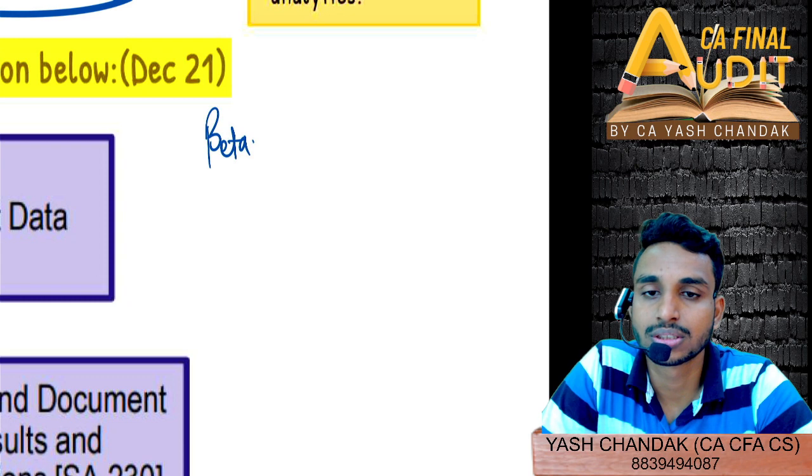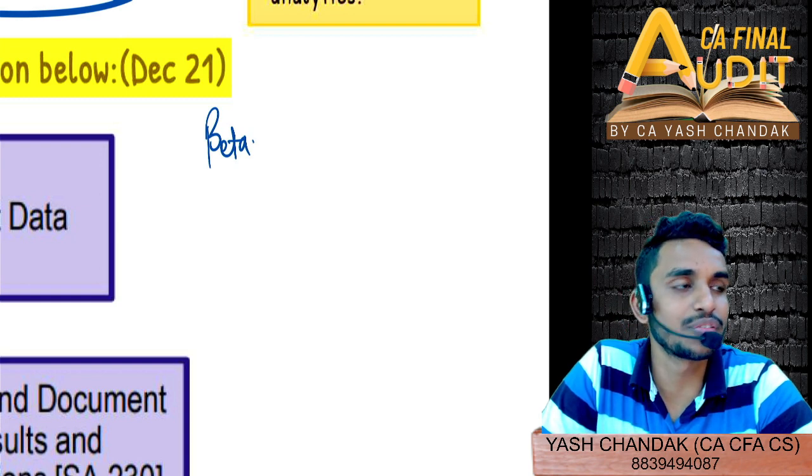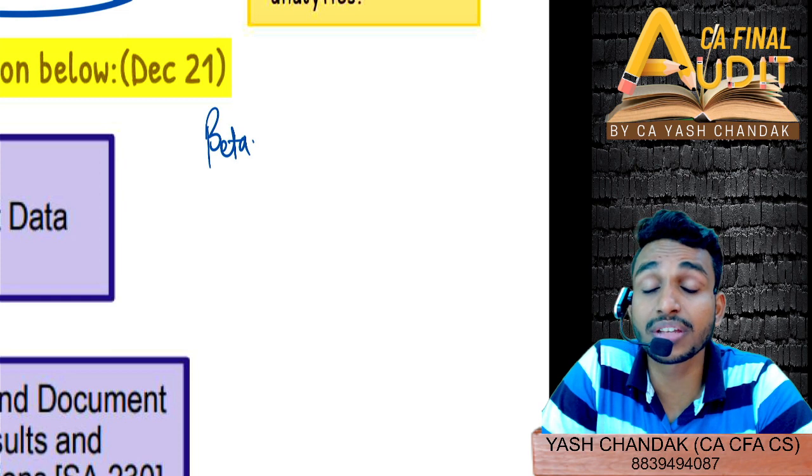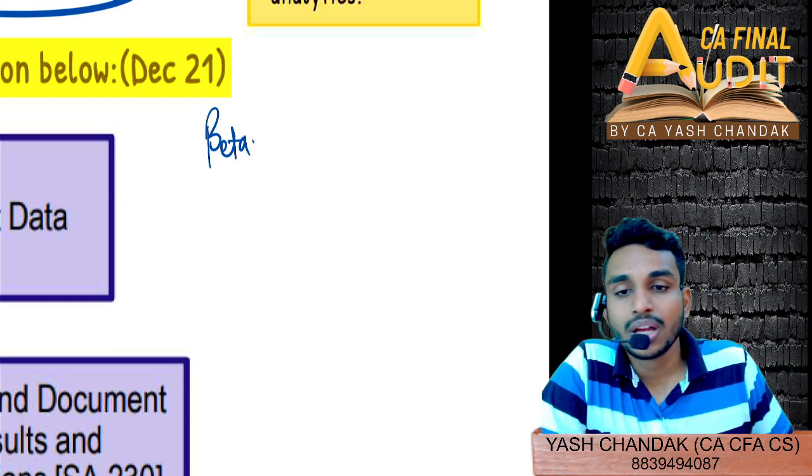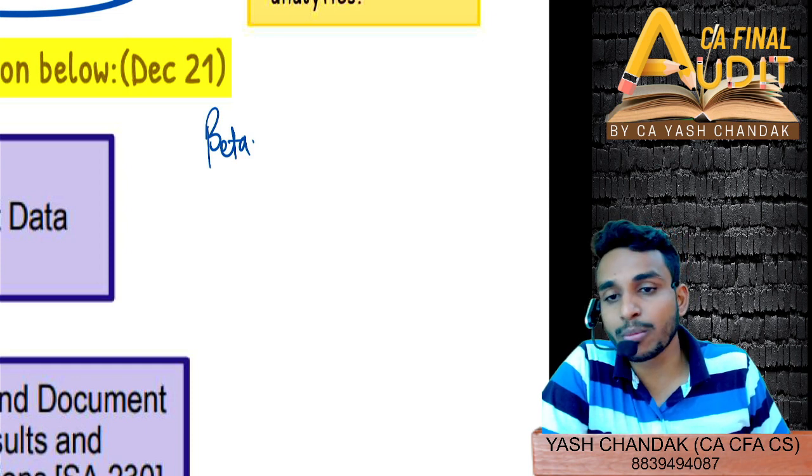Beta of a stock, a beta of an index. What is beta of an index? It is the covariance of the stock with the market, with respect to the standard deviation of the market. So that is why beta of market with respect to market is always 1.